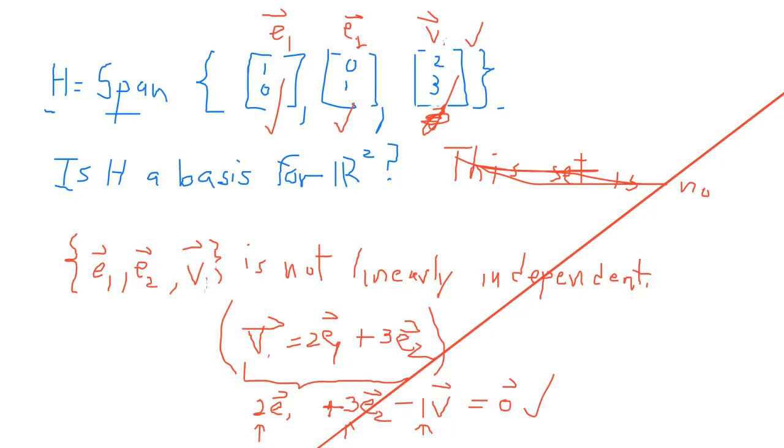In other words, even though these three vectors themselves will span R2 space, you don't need that last vector V to span R2. So a basis is a spanning set that is as small as possible. That's how you can think of it.